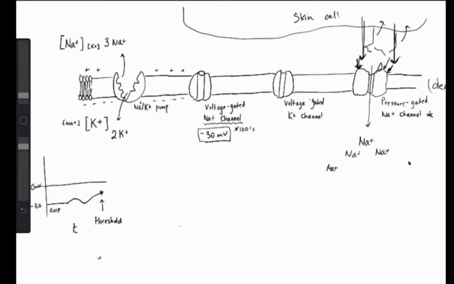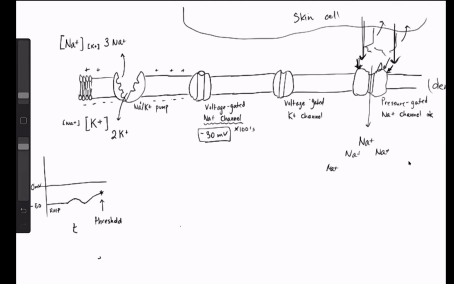But if it builds up to a sufficient degree and your cell decides, you know what, this is a problem, we need to send a signal, well, as soon as it reaches that threshold potential, all of the membrane-bound voltage-gated sodium channels will open simultaneously in this local region.